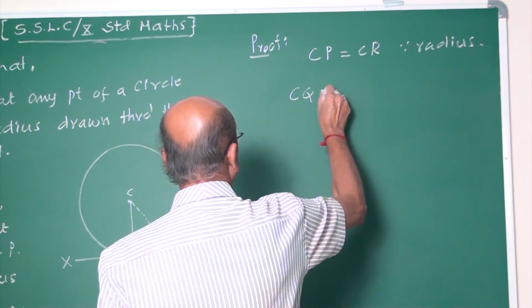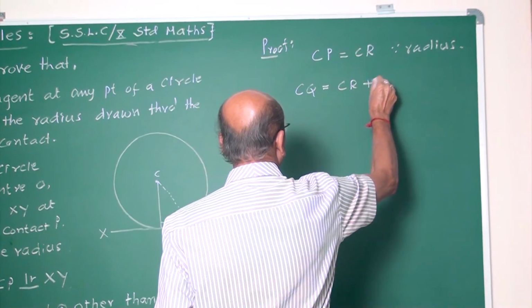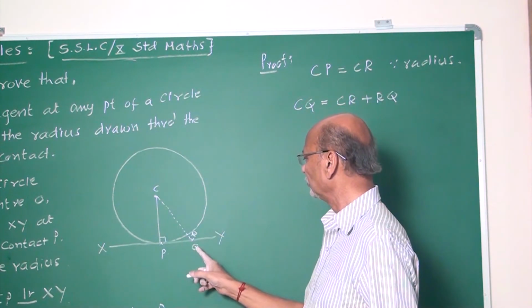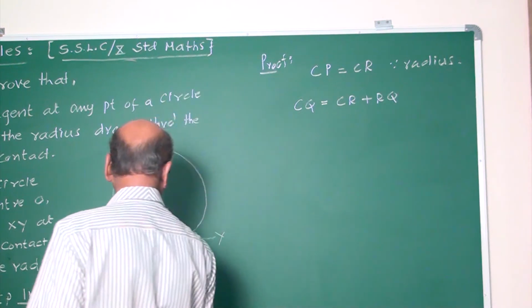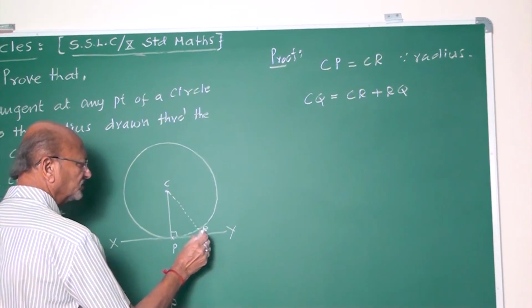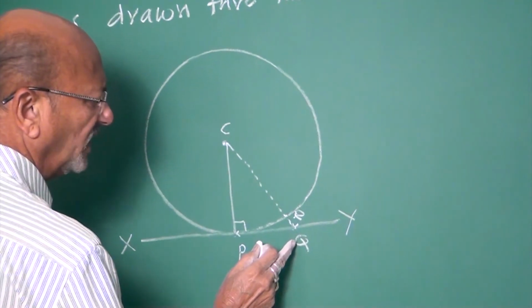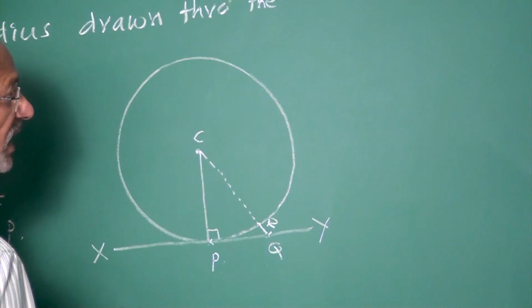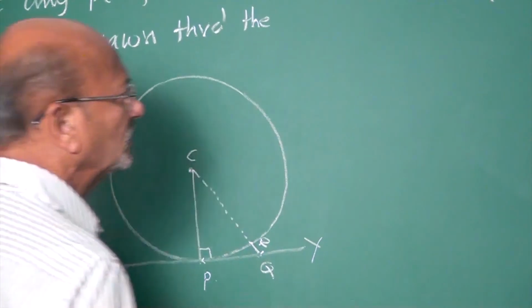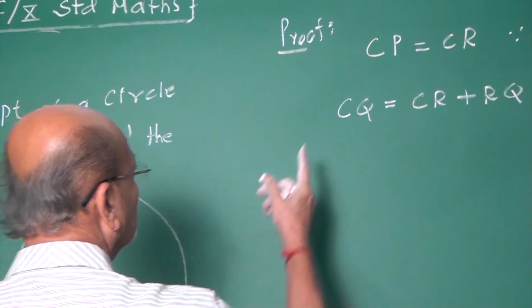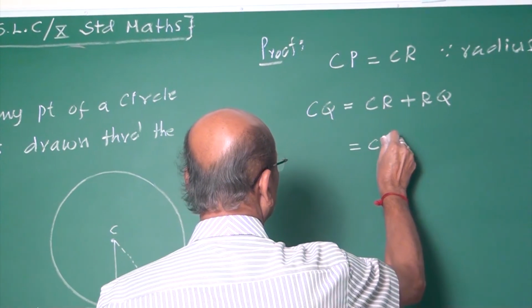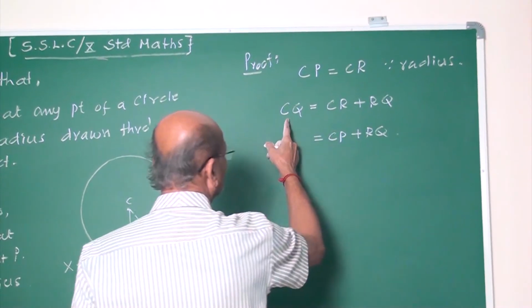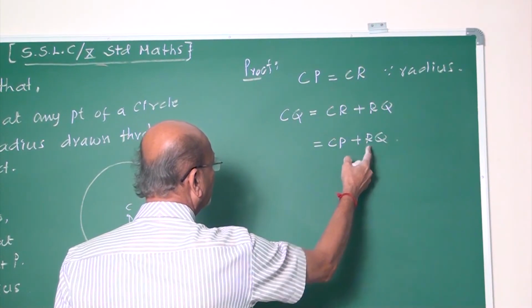CQ is CR plus RQ. What is CR? CR is CP. So CQ equals CP plus RQ.